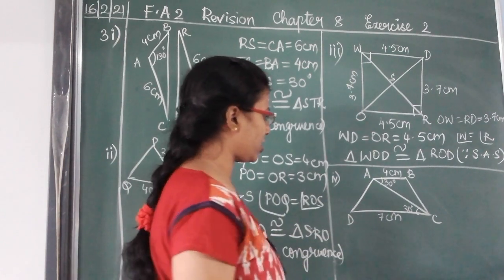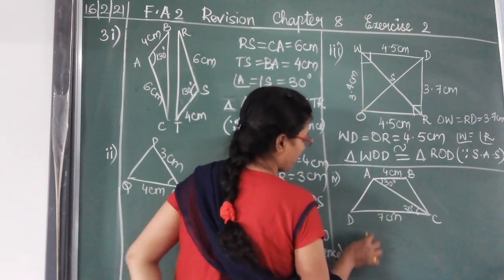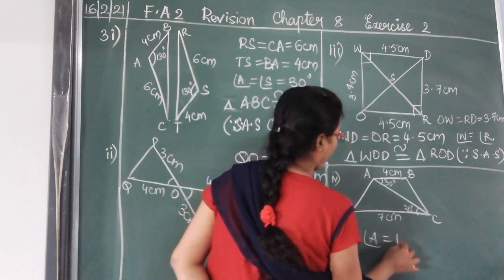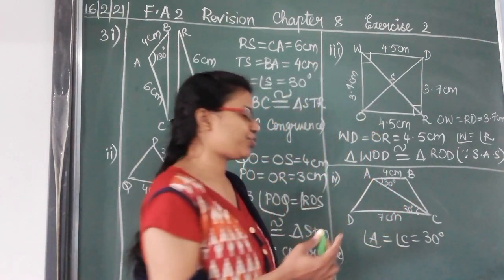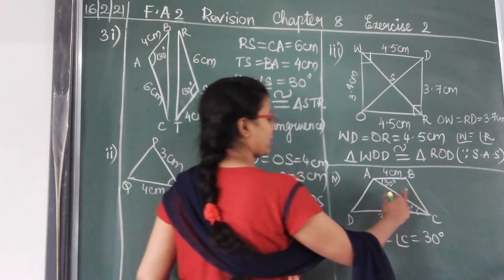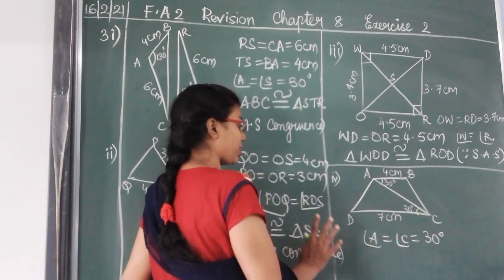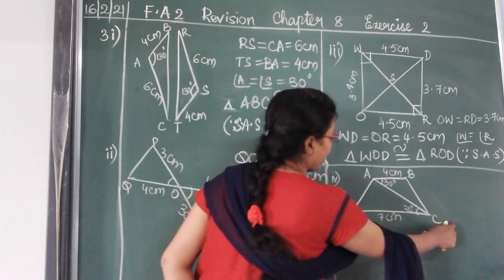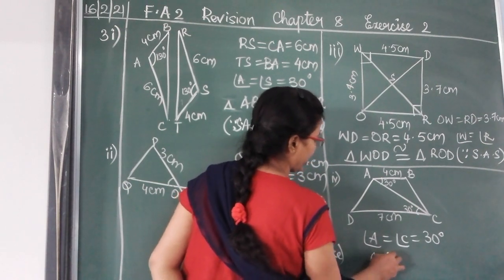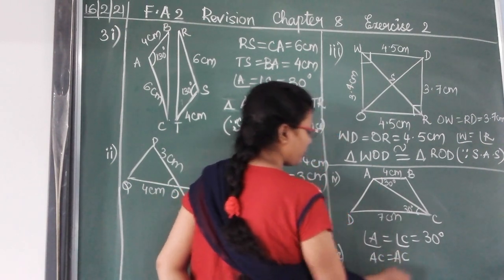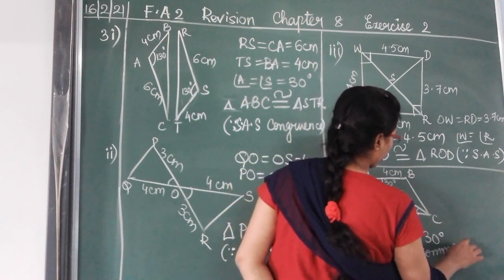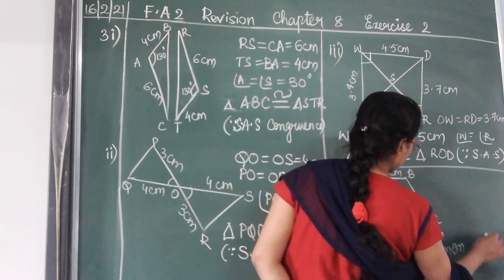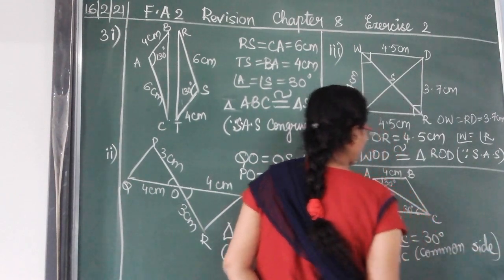Here you can see that angles are same. Angle A is equal to angle C, which is equal to 30 degrees. This is what is given. And you know that these are 2 separate triangles. So AC is equal to AC, because it is a common side, so you know that these 2 sides will be equal.